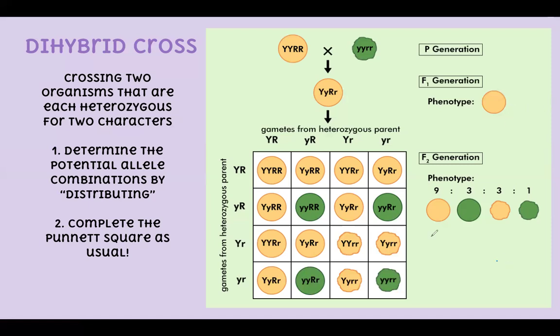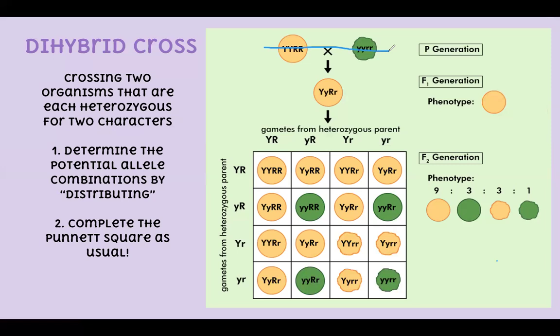All right, let me show you what I mean by foiling. Now, in this picture here, please don't get this confused. This is the P generation crossing to get the F1 generation. This giant Punnett square here, this dihybrid cross, is a cross of the F1 generation with itself. It doesn't have anything to do with these two parents.